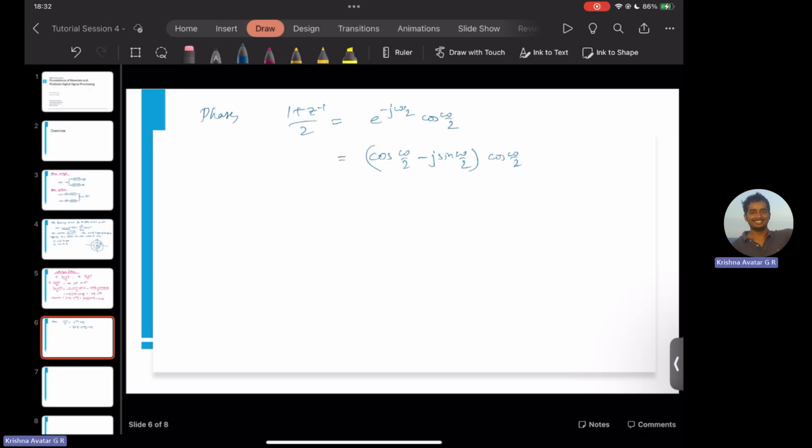The way we define phase, phase is essentially angle.